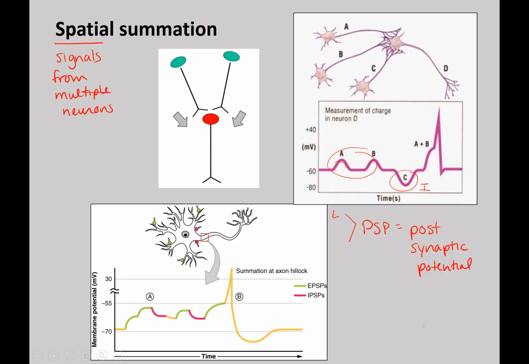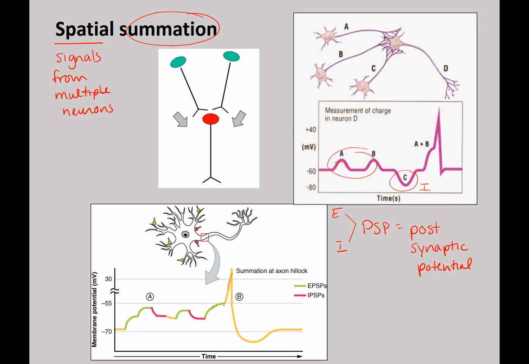Okay. So you can have excitatory, so EPSPs, or inhibitory, IPSPs. And what this graph is trying to show you, the green are excitatory, the red, purple are inhibitory, and it's the summation, accumulation of all these signals that eventually allows you to reach past threshold and start an action potential.